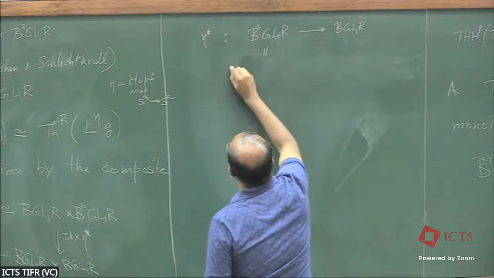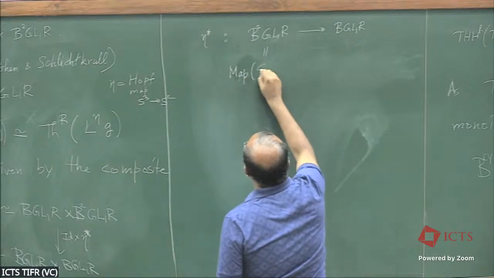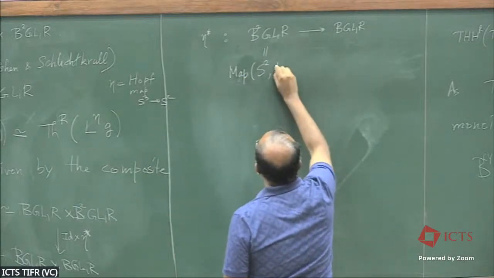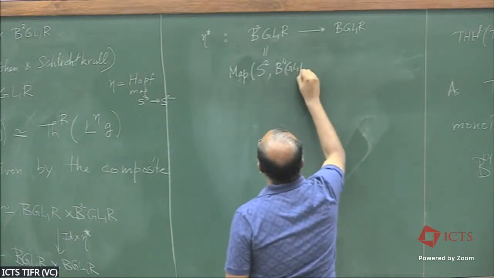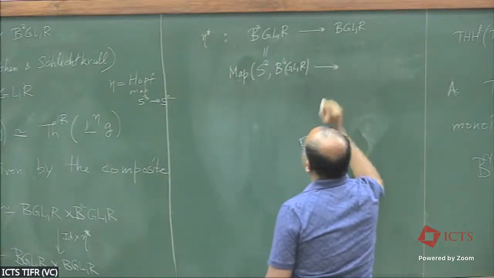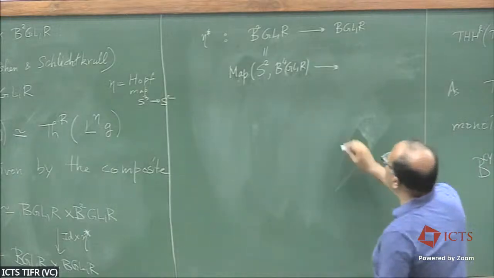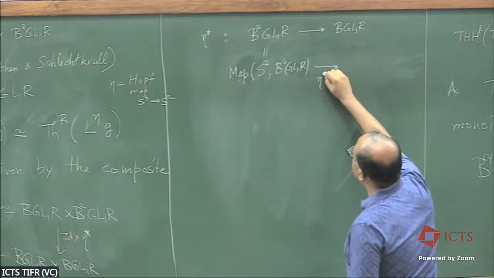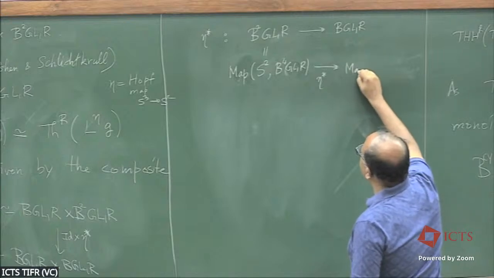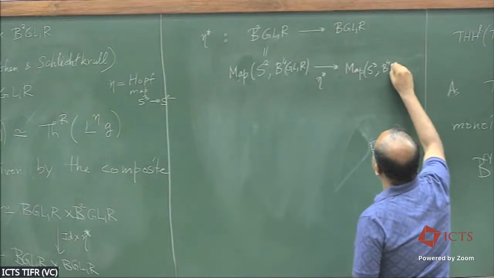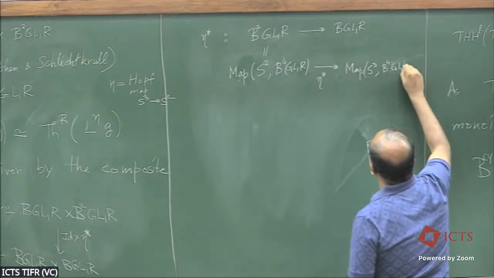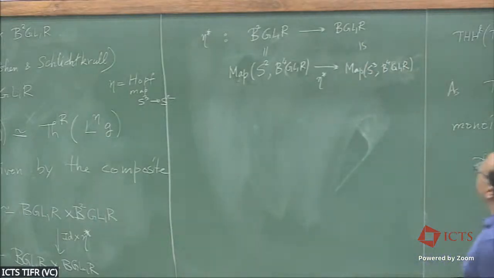So double loop space, I can write it as maps from S2 to B to the 4 GL1R, and now I can pre-compose by eta. So this is actually eta upper star. This goes to maps from S3 to B to the 4 GL1R, and that is equivalent to BGL1R. Okay, so that is what eta upper star is.